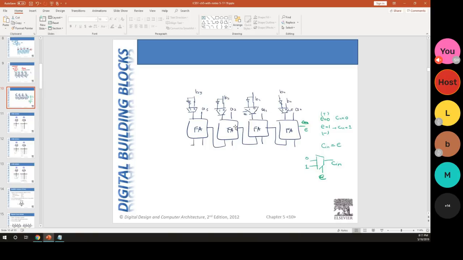If there's a carryover or overflow, that's the carry out, and that goes into the carry in for the next one. Then again, the value comes out here, and if overflow, that goes out into the next one as the carry over input.